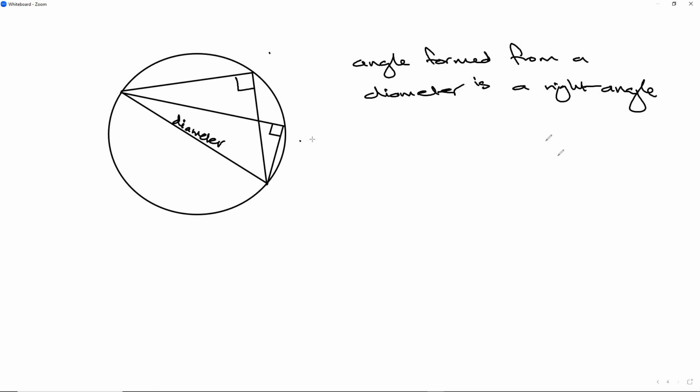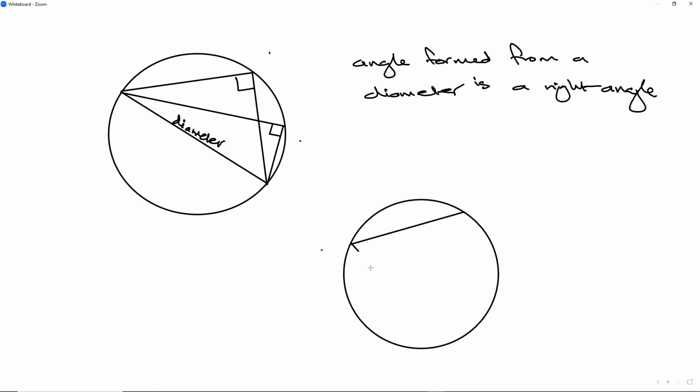Another triangle circle theorem is if you have a triangle and it's inside a circle and there's a tangent involved, and the tangent meets up at one of the corners of the triangle.